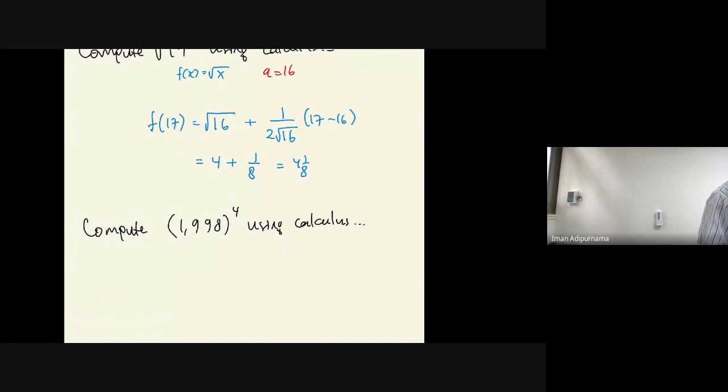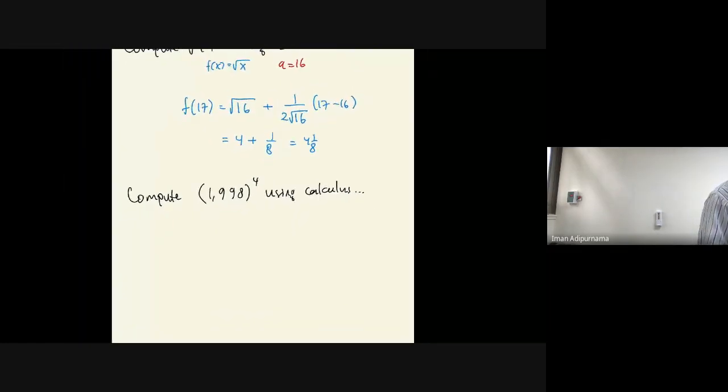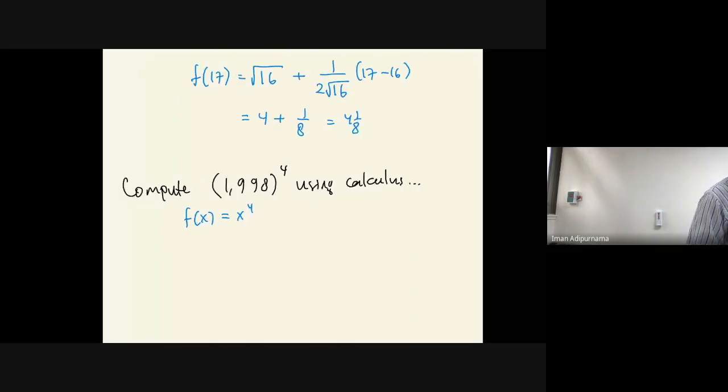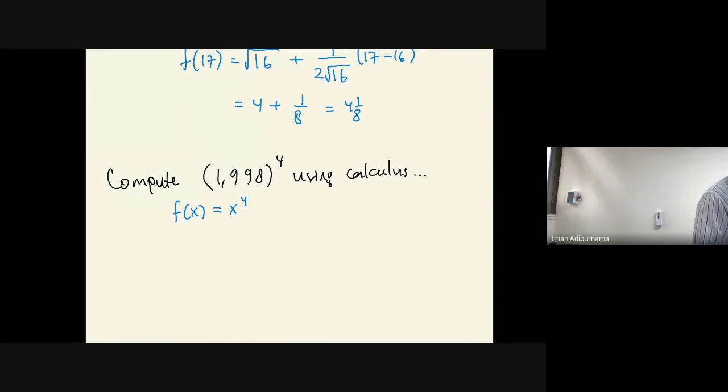The next one, the 1.998. Let me write this as the function x to the fourth. Of course, because it's obvious, right? 1.998 is just about 2, right? So let's just make 2 as our a.